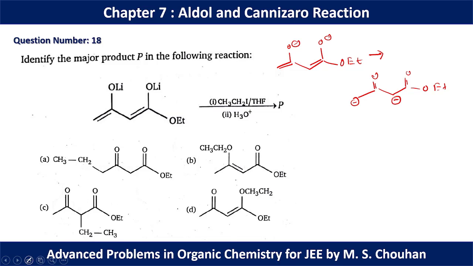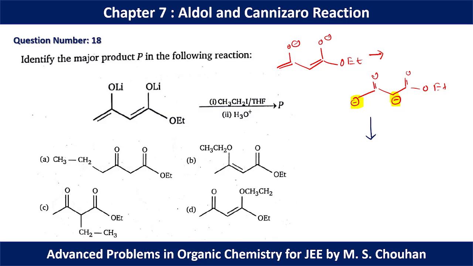Okay, so negative charge on the similar atom. So now the basicity is directly proportional to nucleophilicity, correct? So we can say that this negative charge is more stable because we have two electron withdrawing groups directly attached with this negative charge. So if the negative charge is stable, the basicity will be less, as well as in this case the nucleophilicity will be decreased. So this negative charge will lose its basicity or nucleophilicity. So this other negative charge will be more nucleophilic.